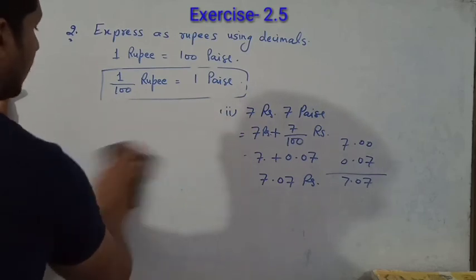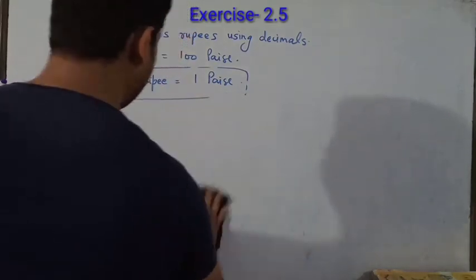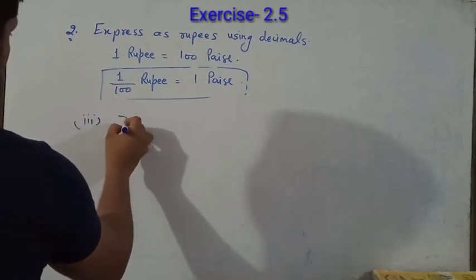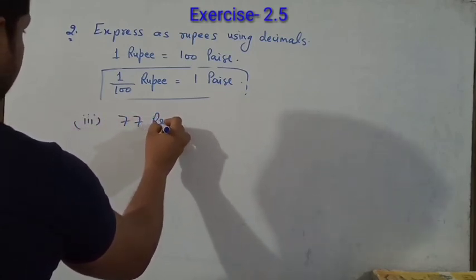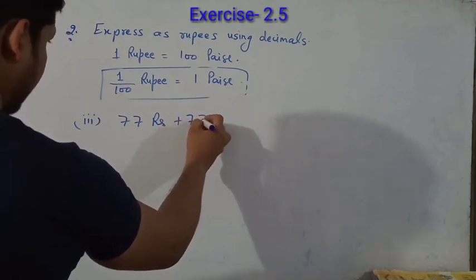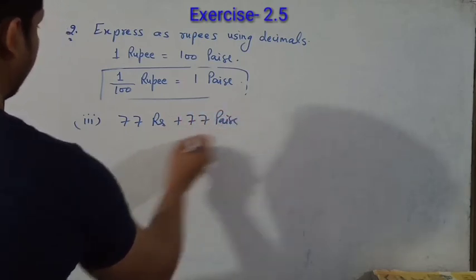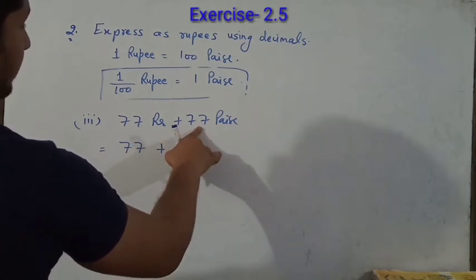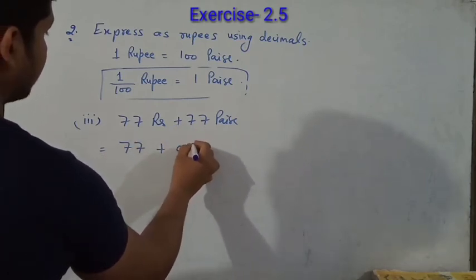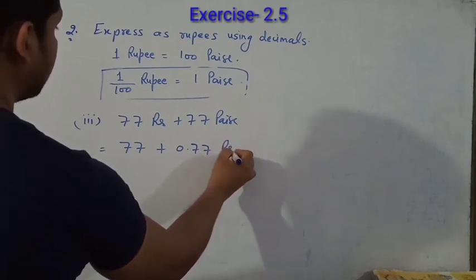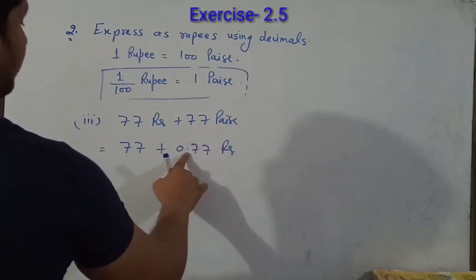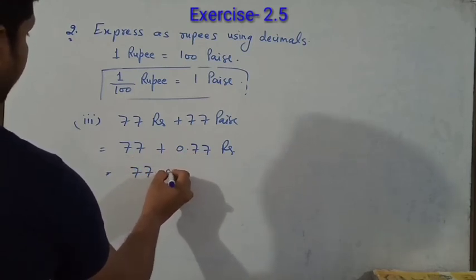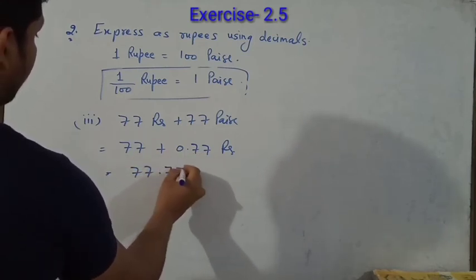Next we will solve some fast problems. Problem 3: 77 rupees plus 77 paise. Simply 77 divided by 100 means 0.77 rupees. Now it is rupees when we put the decimal. When we add, then 77.77 rupees.